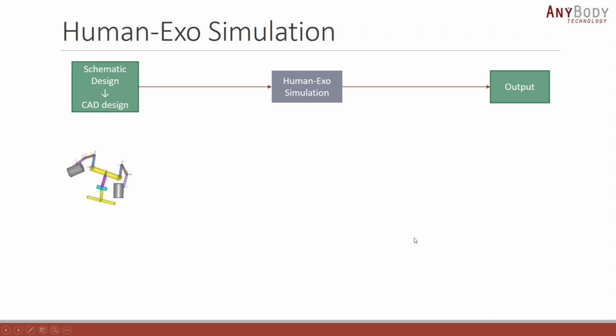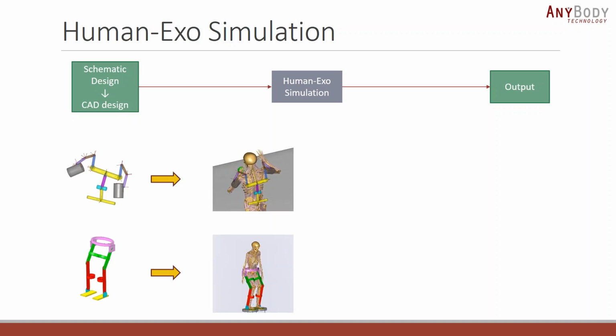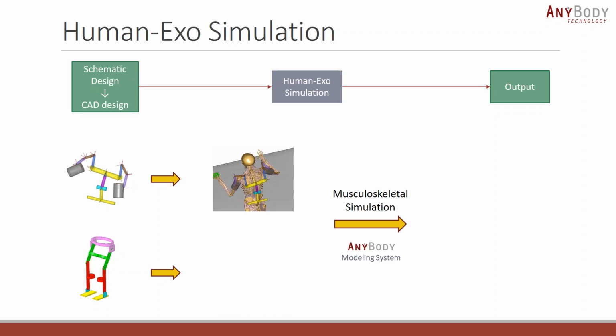So one typically starts with a conceptual or a more detailed CAD model of the exoskeleton. And this model is then assembled on a virtual human model, following which we run the musculoskeletal simulations, which Pavel introduced in his part of this talk. And these are the class of simulations run in the AnyBody modeling system.